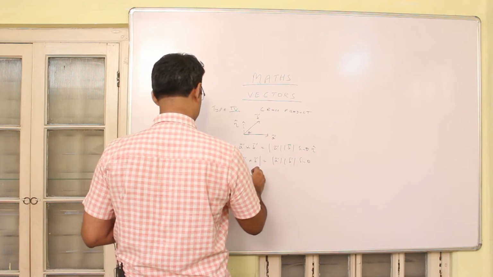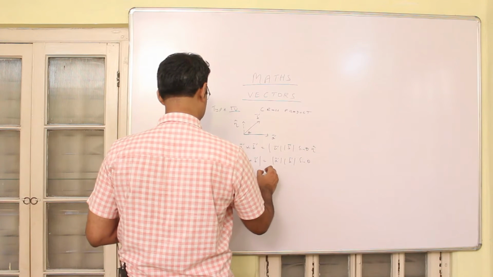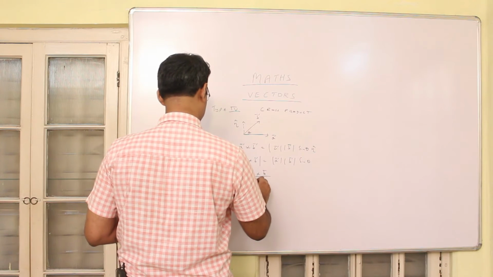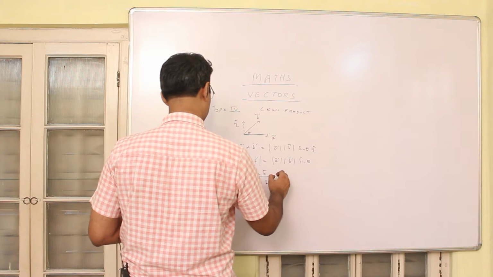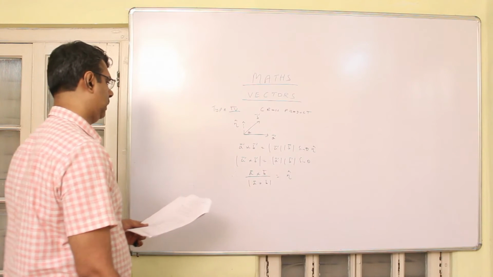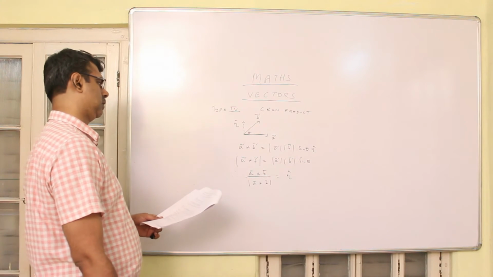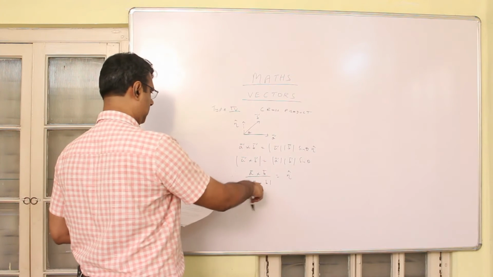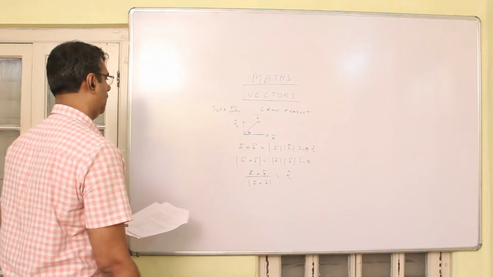Now if you divide these two equations, you will get eta is A cross B by modulus of A cross B. So if you want to find eta, this is the formula.